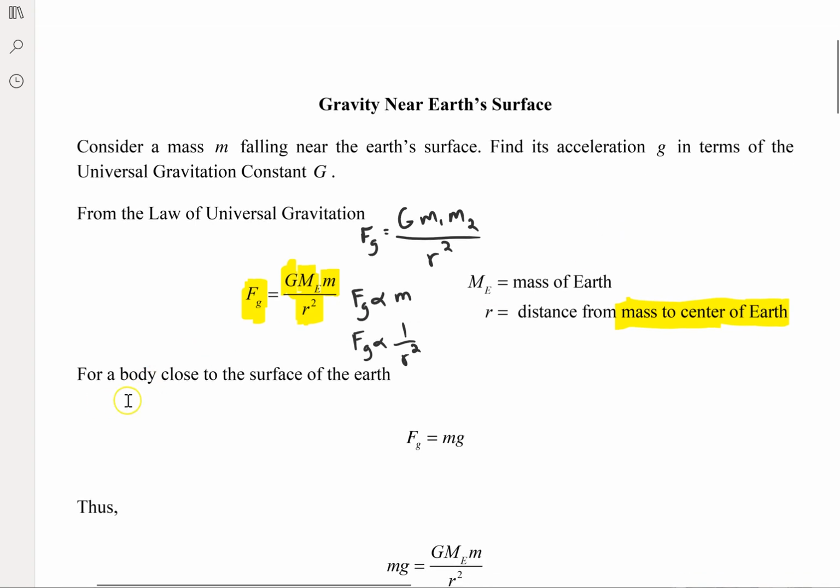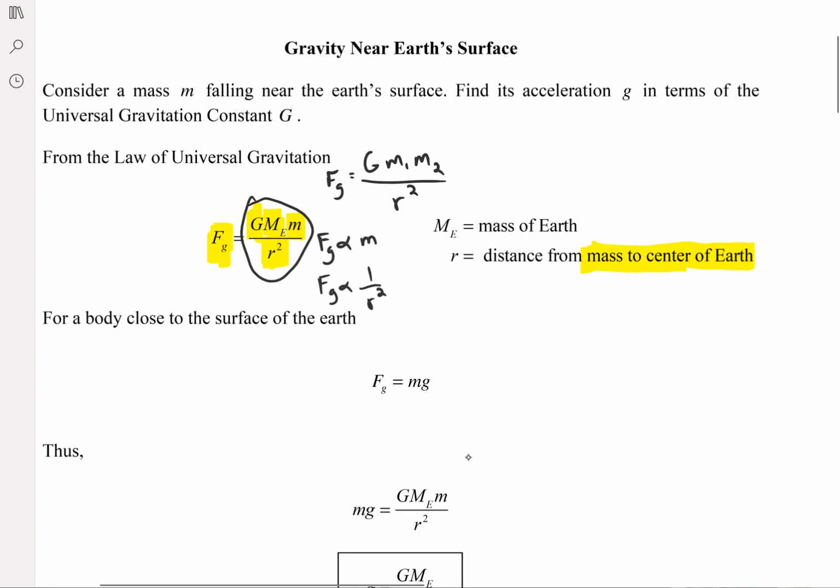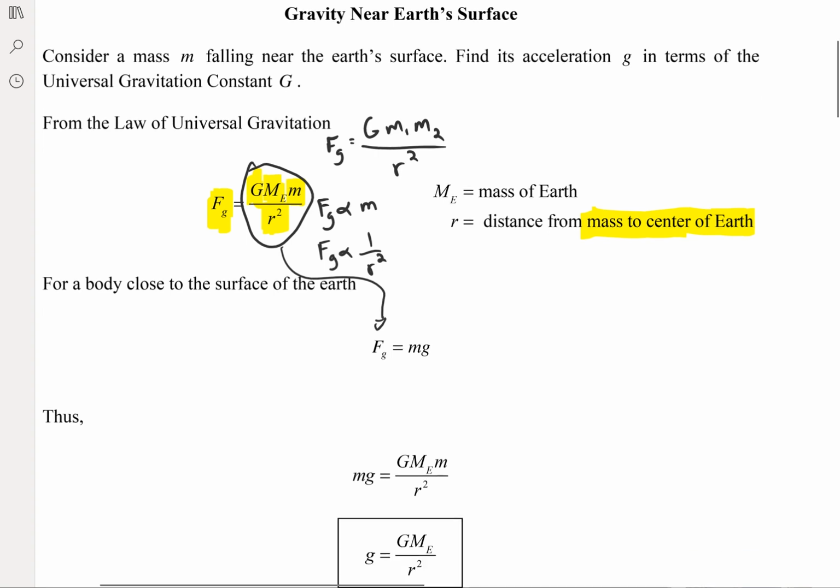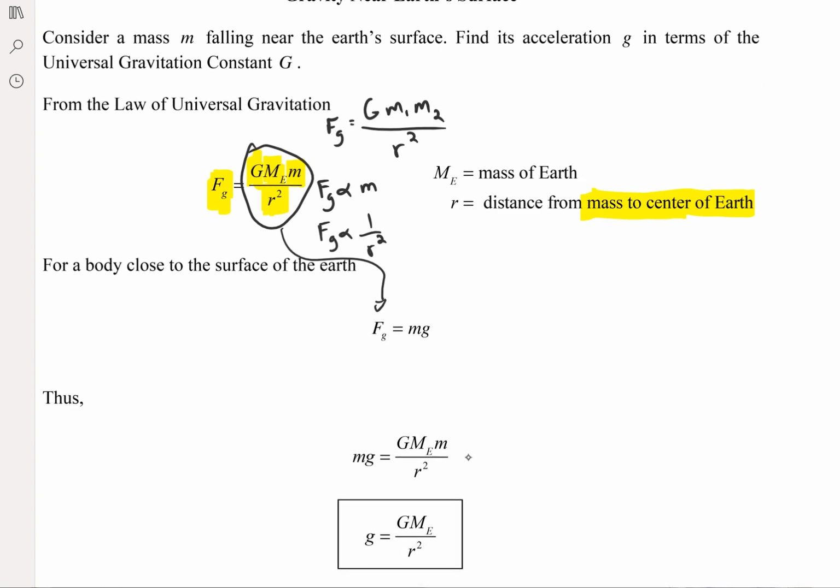For a body close to the Earth's surface, I know that the force of gravity is equal to mass times gravity. But here, this is also another way to say the force of gravity, so I'm going to move this in. Notice I have mg is equal to big G times the mass of the Earth times the mass of the object, divided by the radius squared.